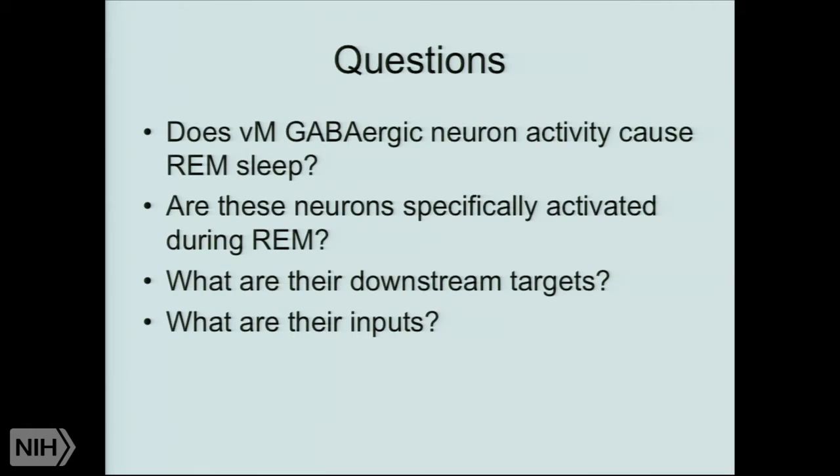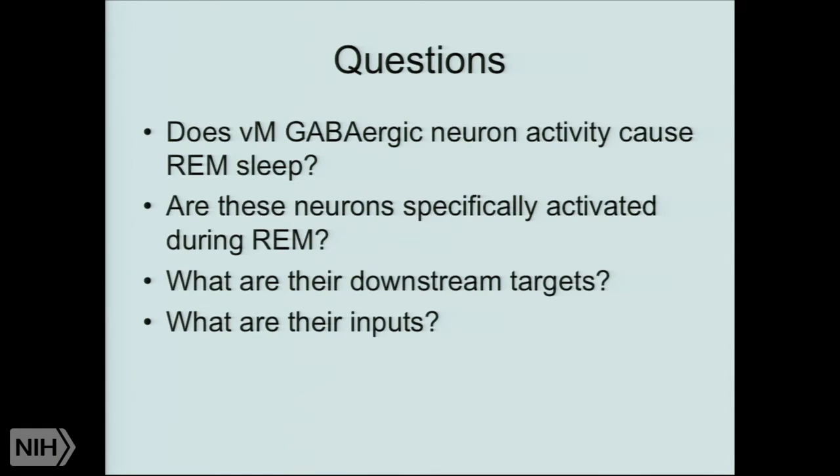And second, are these neurons specifically activated during REM? This is important because even though these neurons are c-Fos positive after REM rebound, REM rebound means an increase of REM sleep. Normally we only spend about 10% of the total time in REM sleep, and REM rebound causes this 10% to increase to about 40%.